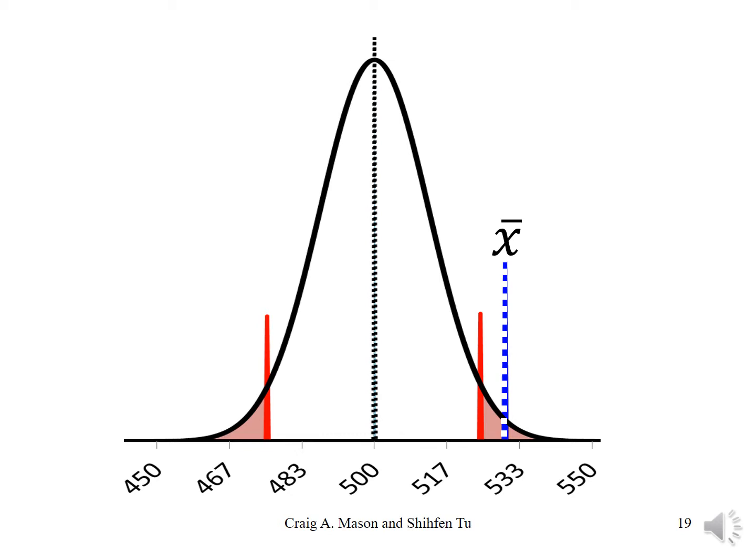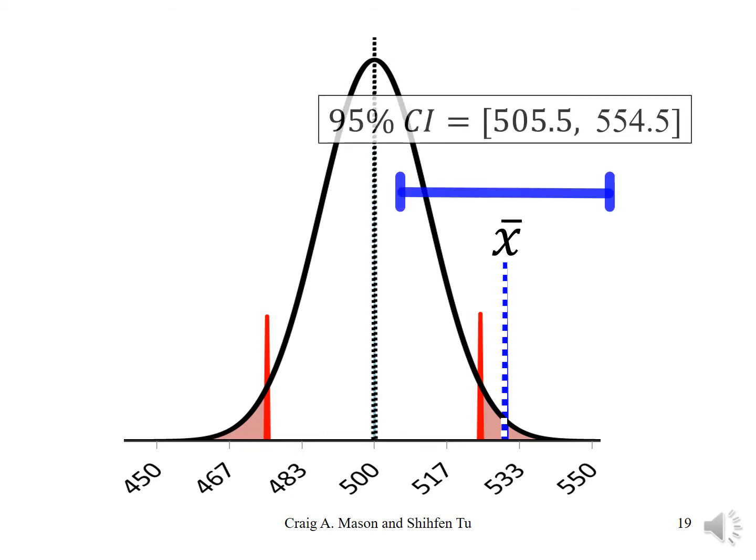The dotted blue line indicates the observed mean, while this solid horizontal blue line reflects the 95% confidence interval. Based on the mean and standard error, this is the range where we would expect to see the population average based on our sample mean of 530.